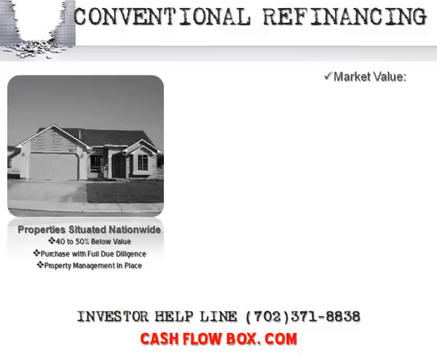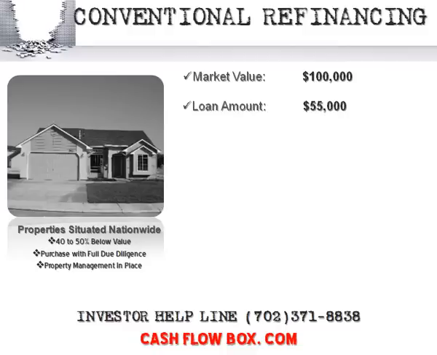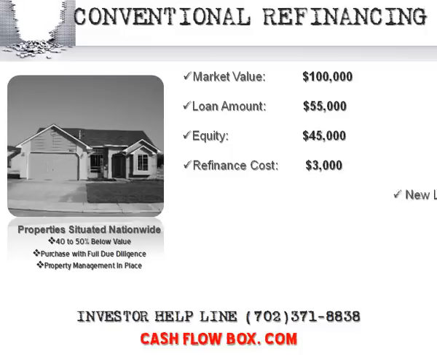Now, conventional refinancing, we will look at the same property example. Now you have refinanced this property using a conventional mortgage, which, for this example, I'm using a 7% interest rate. You have the loan amount of $55,000. Remember, that's what you owed on the property. You have refinanced it now. Your equity is $45,000. The refinance cost typically will cost you between $2,000 and $3,000.